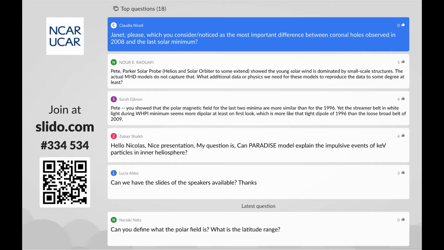And I think it was that 2008, 2009 paper, they compared the polar hole or the polar fields with quiet regions. They should have compared it with unipolar regions at low latitudes. And if they had done that, they'd find it's very similar.